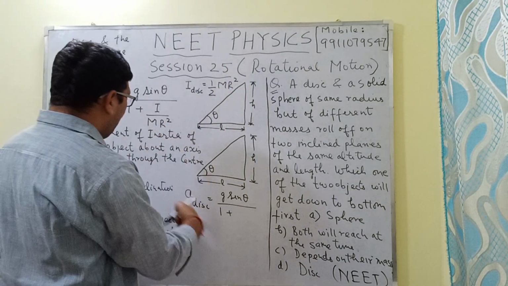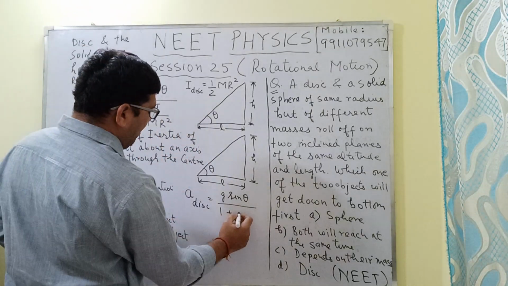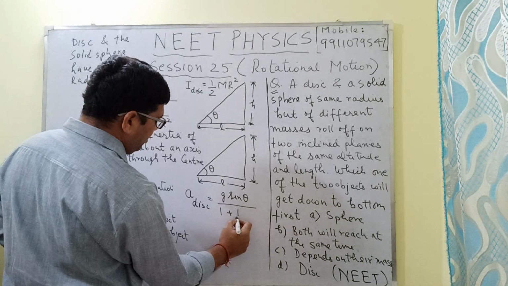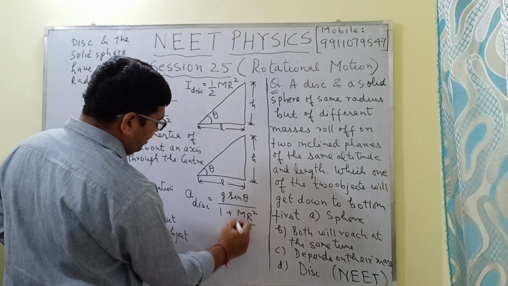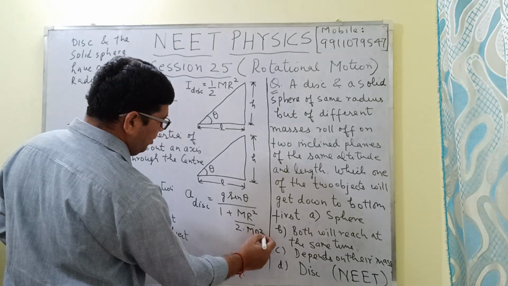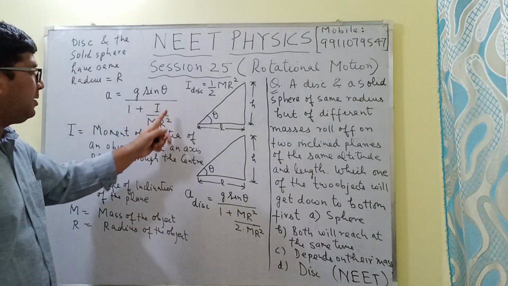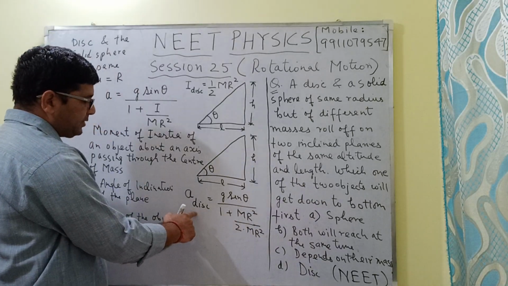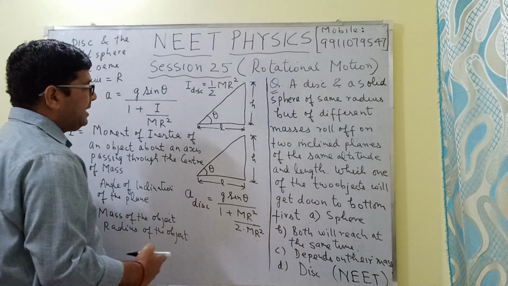So I will be using this formula here and substituting this value here, that is 1 by 2 mr square. So I have substituted this value in this equation, and so I have got the value of the acceleration of the disk when it is moving on an inclined plane.